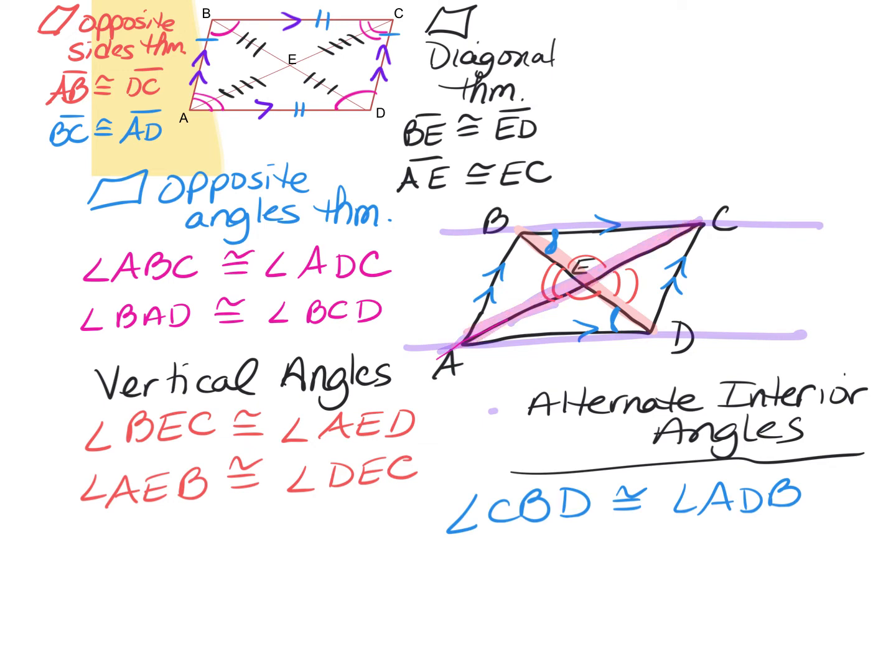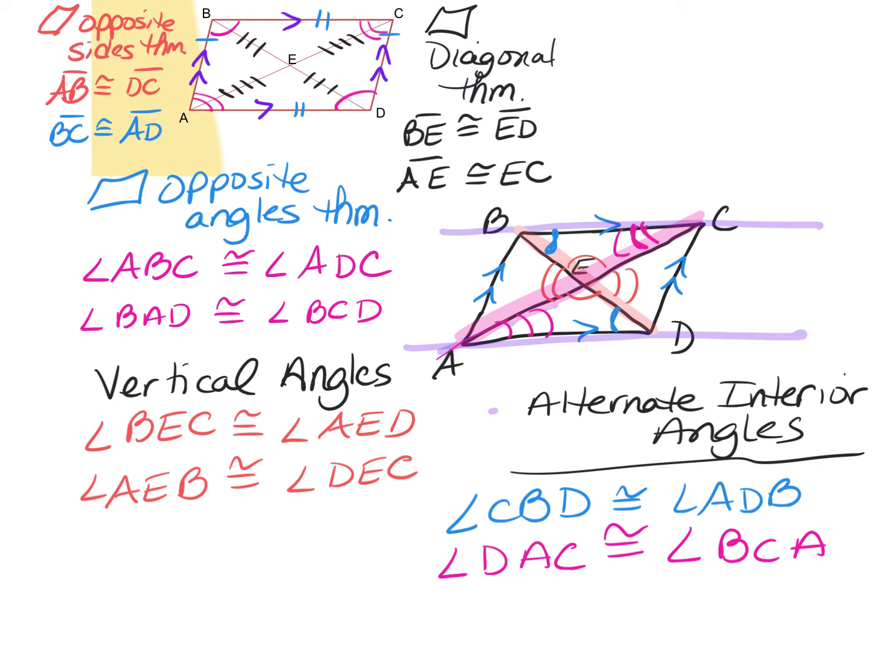So this is my transversal now, which makes this angle up here congruent to this one down here. So now I have angle DAC congruent to angle BCA.